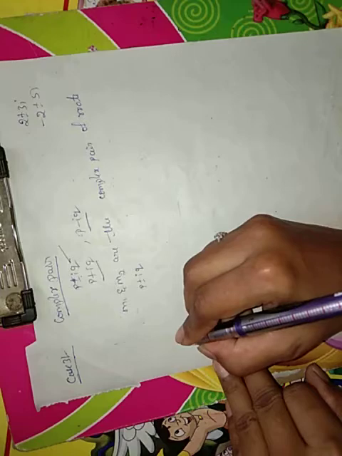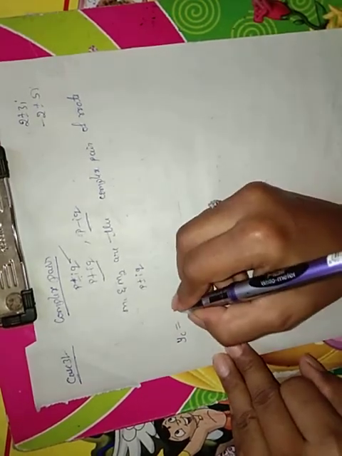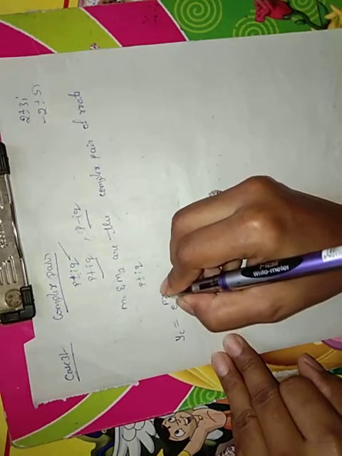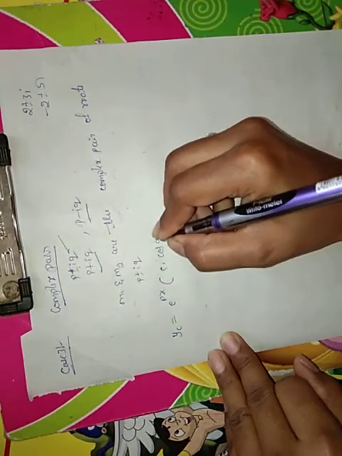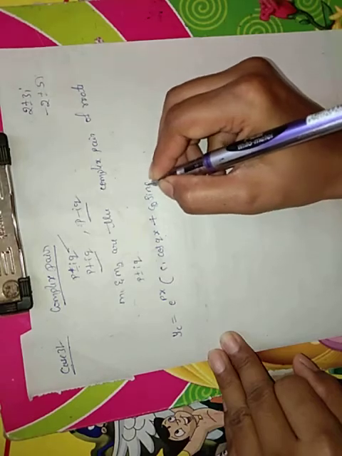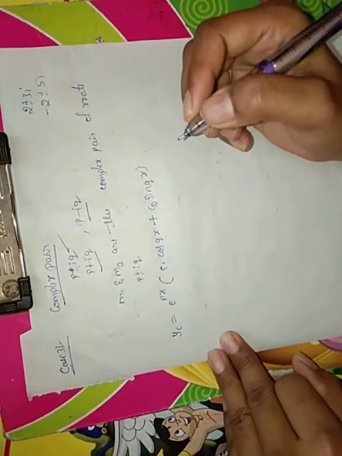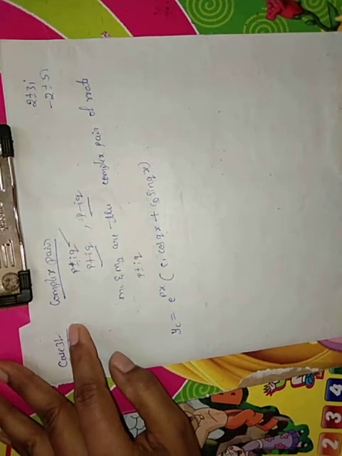Then the complementary function can be written as e raised to px into bracket c1 cos qx plus c2 sin qx. So that is the complementary function for a complex pair of roots.